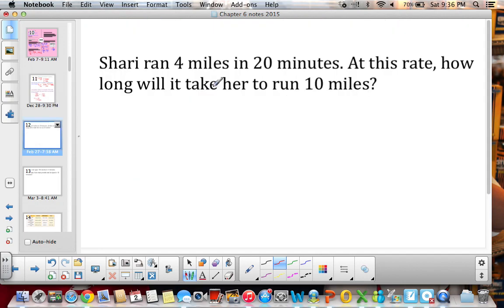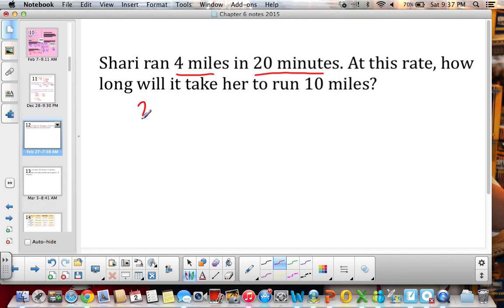Sherry ran 4 miles in 20 minutes. At this rate, how long will it take her to run 10 miles? I want you to pause me and try to do this problem on your own. So 4 miles in 20 minutes. We want to know how long will it take her to run 10 miles.